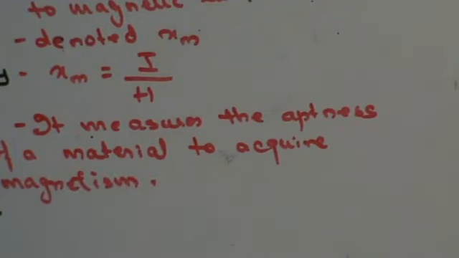Since magnetic susceptibility is the ratio of two similar quantities, it has no units.